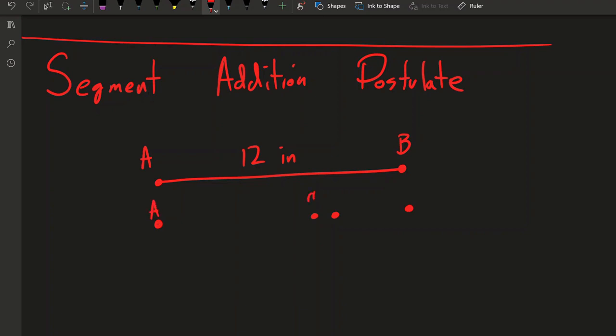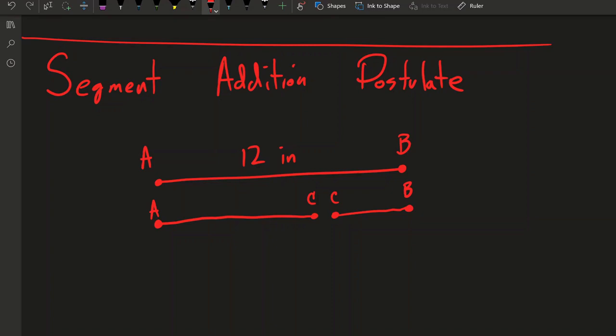So let's call that point C. I'm going to call this point C as well, because I'm just separating them a little bit. So imagine I broke it at point C. Now I have two segments, and I pull them apart.